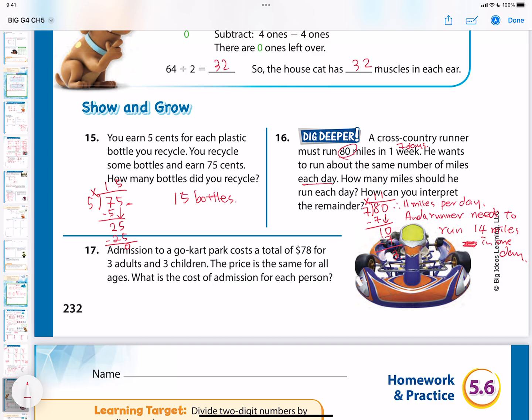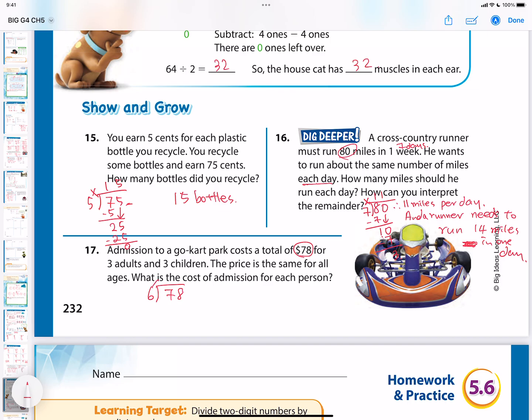Admission to the go-kart park costs a total of $78 for 3 adults and 3 children. The price is the same for all ages, so you don't have to split. What is the cost of admission for each person? You pay $78 for 6 people. So how much is the admission per person?